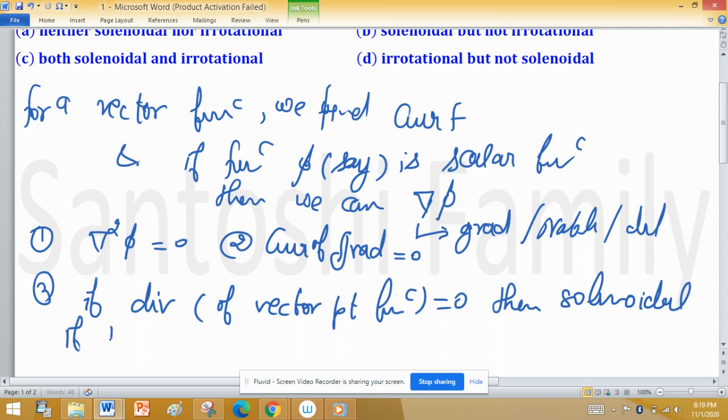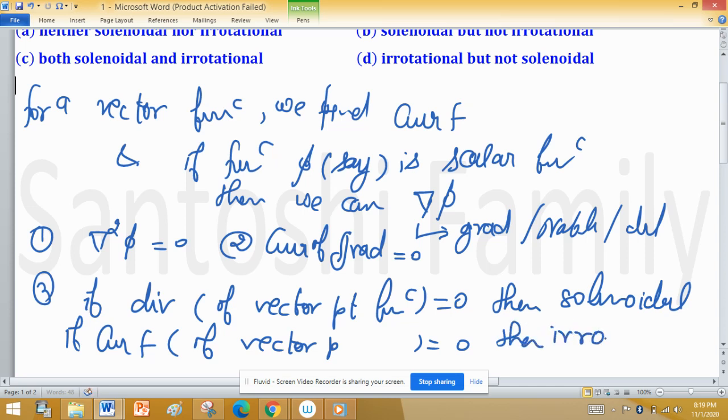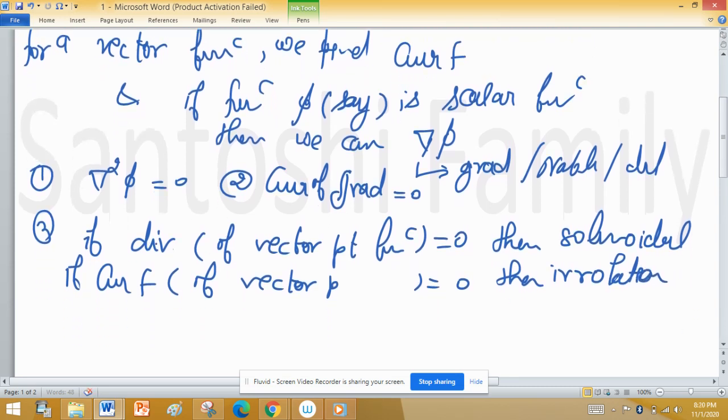If curl of a vector point function is 0, then it is irrotational. That is, we have to check only these two points, meaning option 3 or 4.